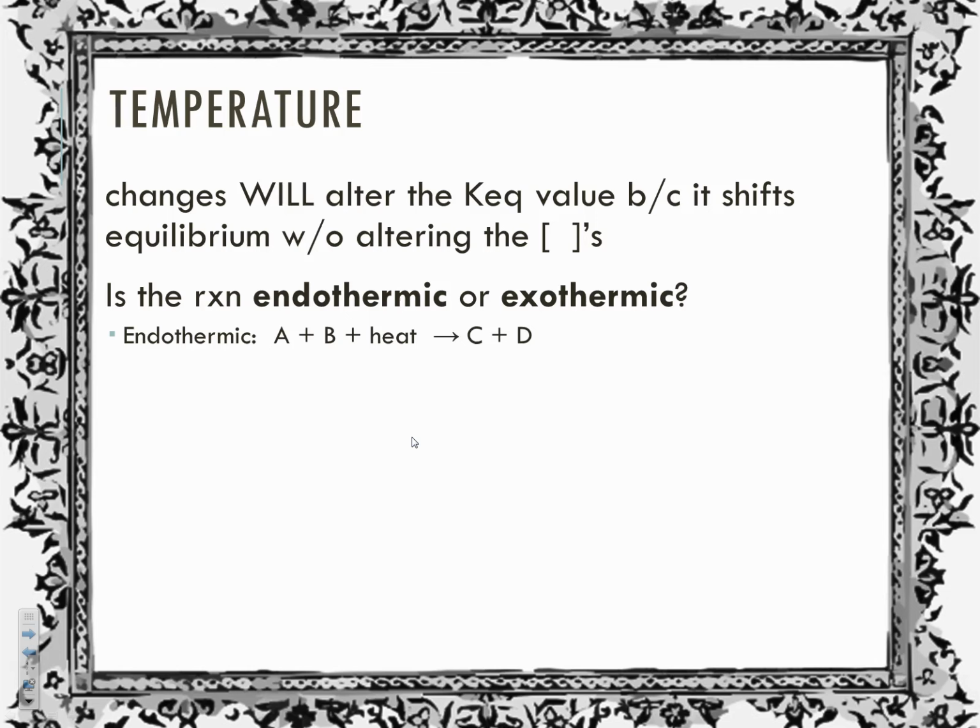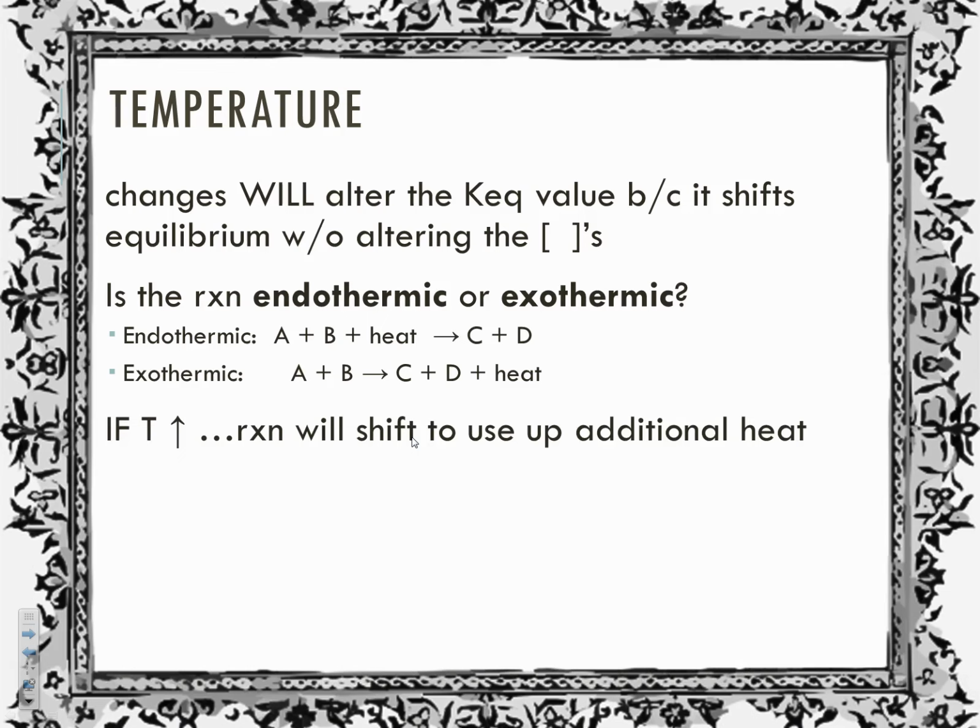So if we've got this reaction where heat is taken in, and you try and add heat to it, right? So we're increasing the temperature, we're adding heat. It's going to shift to the side of the equation that doesn't have heat. So for endothermic here, it's going to shift to the right-hand side.